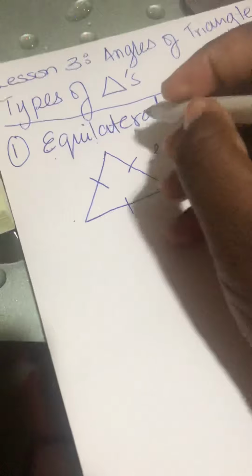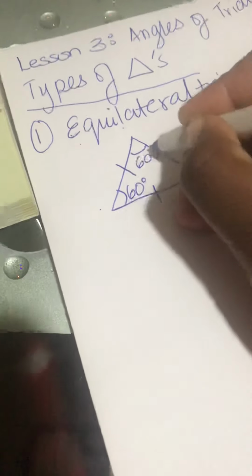Okay? Now, if you're in an equilateral triangle, this should be 60, this should be 60 degrees, and this should be 60 degrees. Okay? Because the sides are the same, the interior angles also have to be the same.